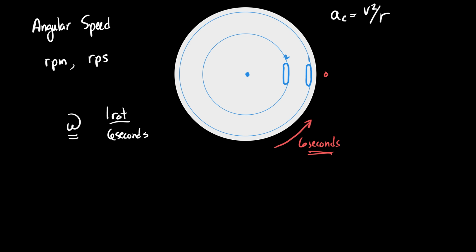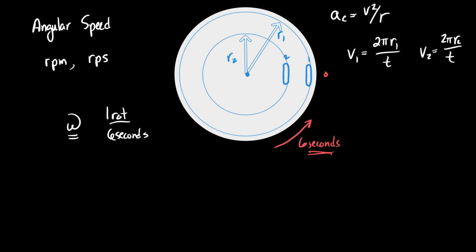Well, v1 would be the size of that circle, 2 pi, maybe we'll call it r1, and maybe r2, so we can differentiate these things, over time. So person 1 is 2 pi r1 over time, while person 2 is 2 pi r2 over time.